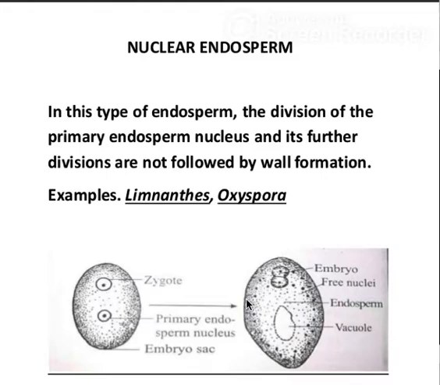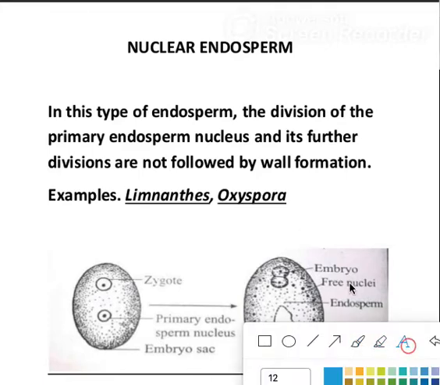Here you can see many nuclei. Usually in cell division you have two steps. The first step is called karyokinesis, which is the division of the nucleus, and the second stage is known as cytokinesis, which is the division of the cytoplasm.